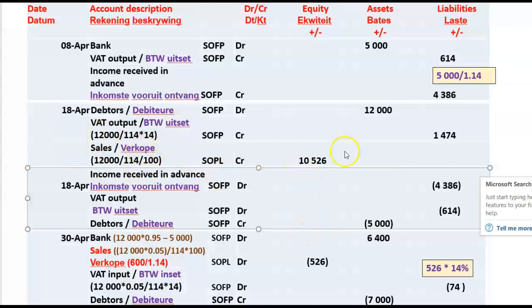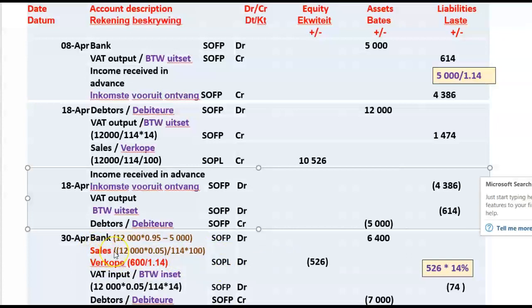So my sales should not have been 10,526. My sales was only supposed to be 10,000 rand based on the actual amount that I have received for that party. So therefore, that 526, it's the 600 VAT exclusive that you have to post against your sales in your statement of profit or loss.